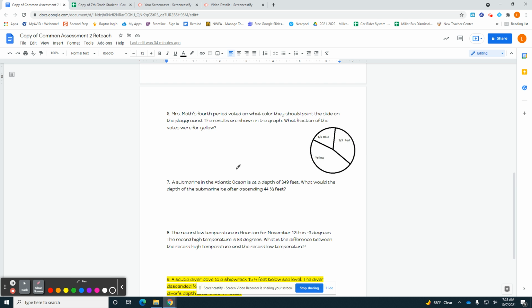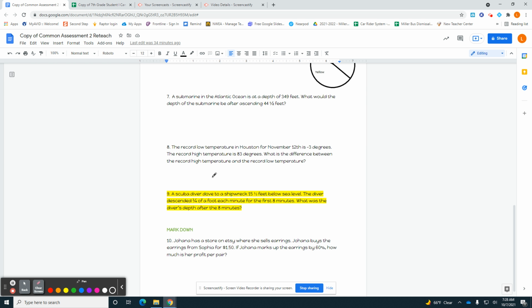All right, moving on to number 7. It says a submarine in the Atlantic Ocean is at a depth of 349 feet. If they're at a depth of 349 feet, what would the depth of the submarine be after ascending 44.5 feet?